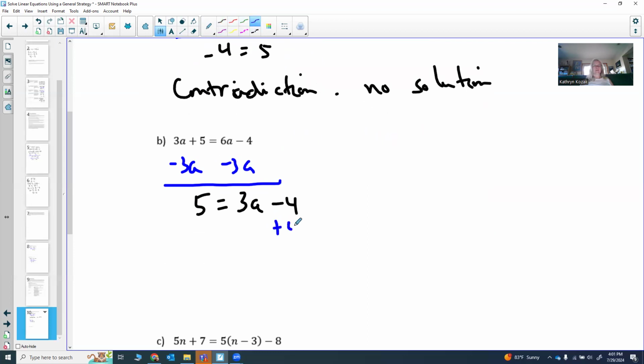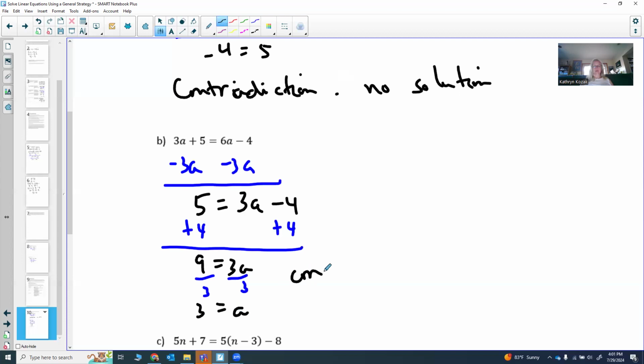Then add 4 to both sides. Nine is equal to 3a. And then divide both sides by 3. It gives you 3 is equal to a. This is a conditional equation. And the solution is a equals 3.